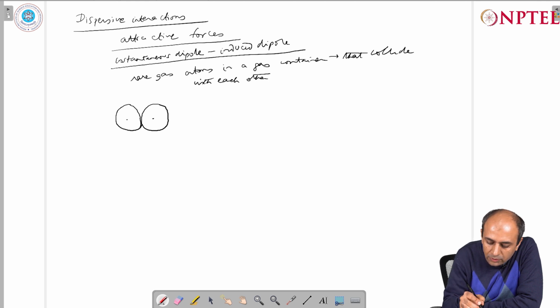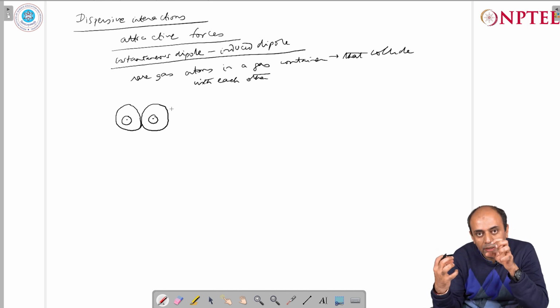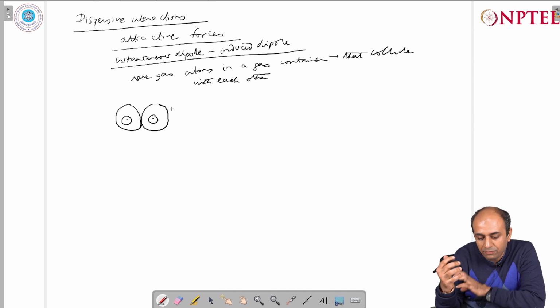This is the nucleus, this is the inner electron shell. And now when the two atoms come close to each other and we are considering them as hard billiard balls, that means essentially the atoms do not get deformed when they actually come in contact with each other during the process of colliding.